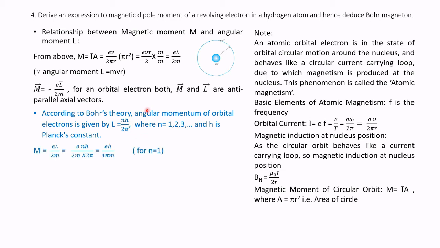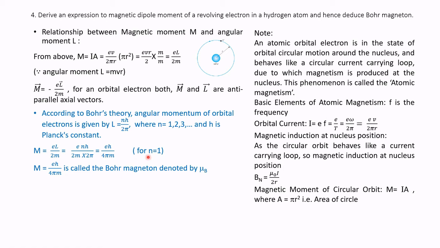So this equation M is equal to eL by 2m can be written, substituting the value of L, as e into nh divided by 2m into 2 pi. That becomes eh by 4 pi m. When we take n is equal to 1, we get Bohr's magneton.